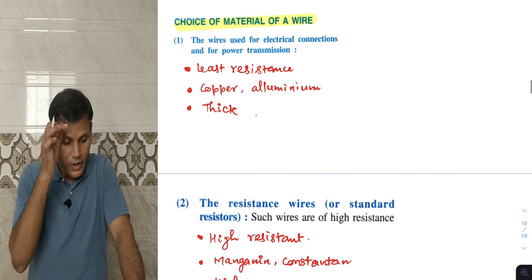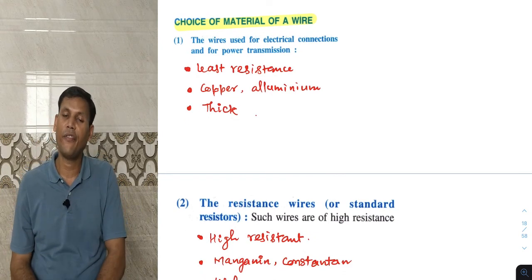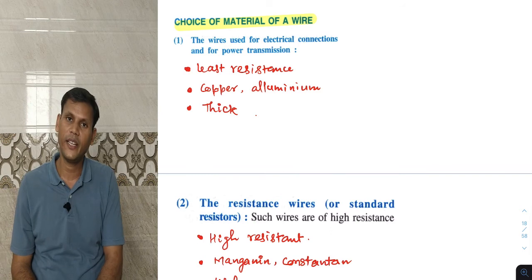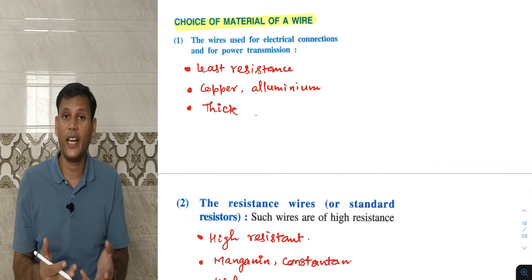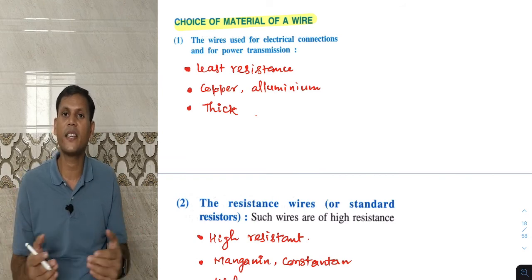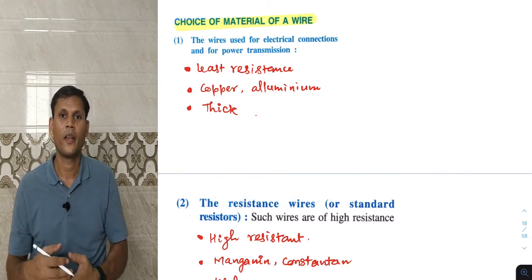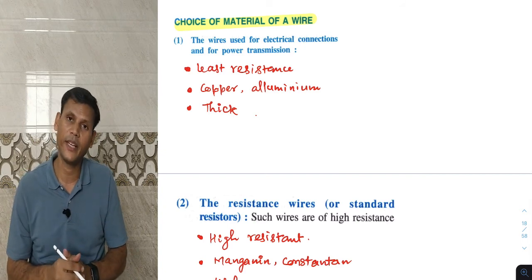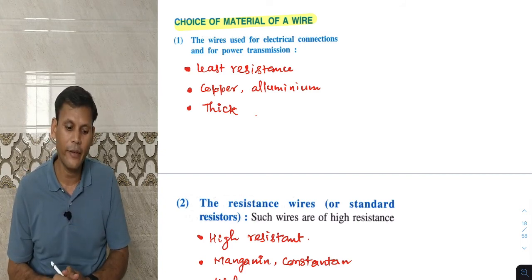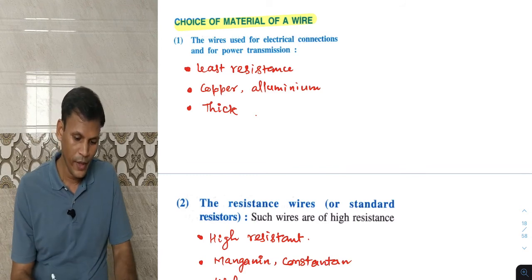Now the last part, choice of material of wire. In our daily life, we use some appliances in our home. For that, what should be the choice of material of wire? That we have to discuss.